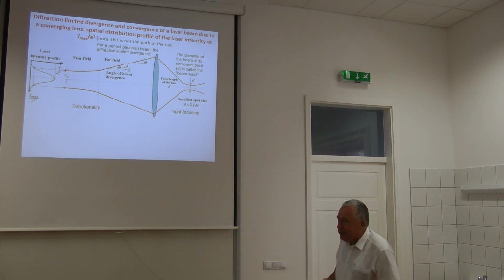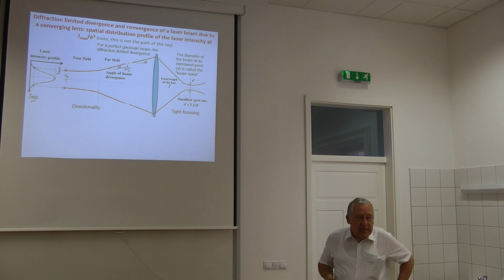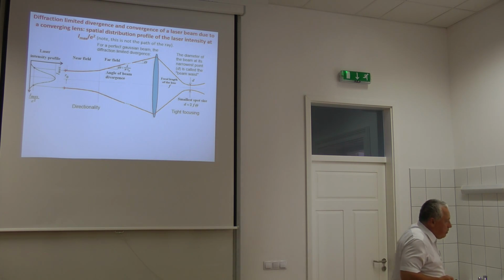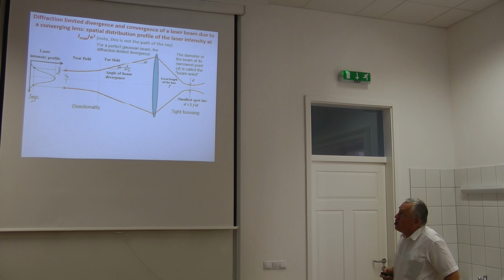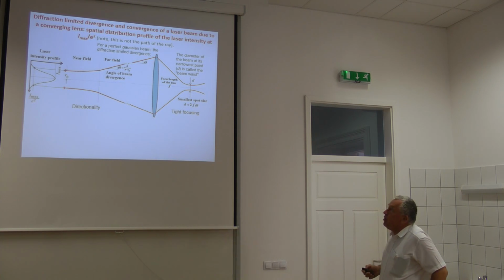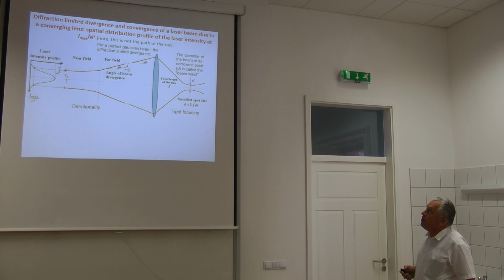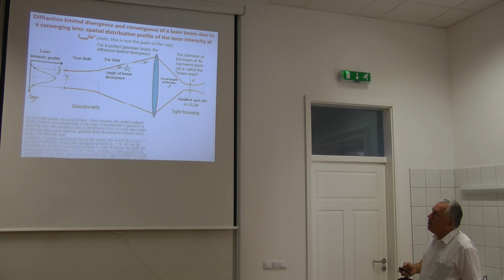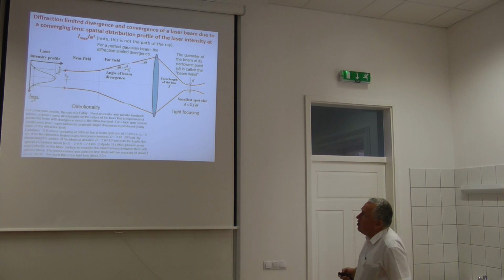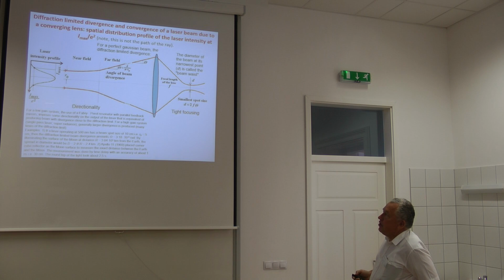I hope not, but I was discussing here, when you arrived, diffraction-limited divergence and convergence of the laser beam. First, here you can see the directionality for a low gain system, for example using the Fabry-Perot resonator with parallel feedback mirrors.